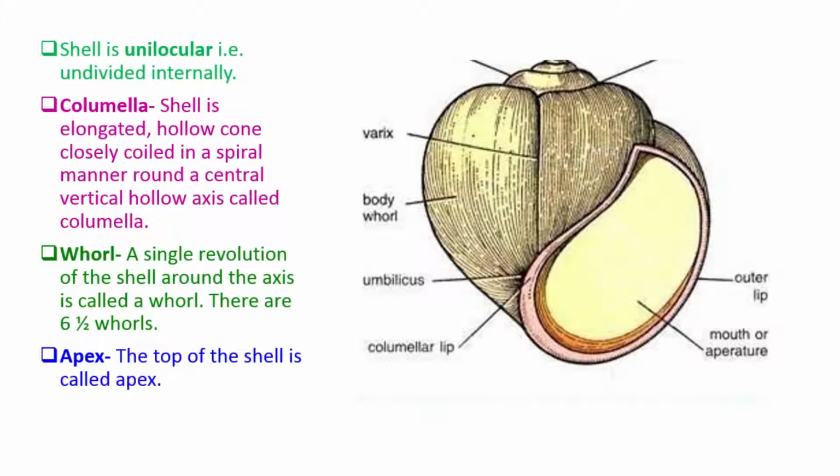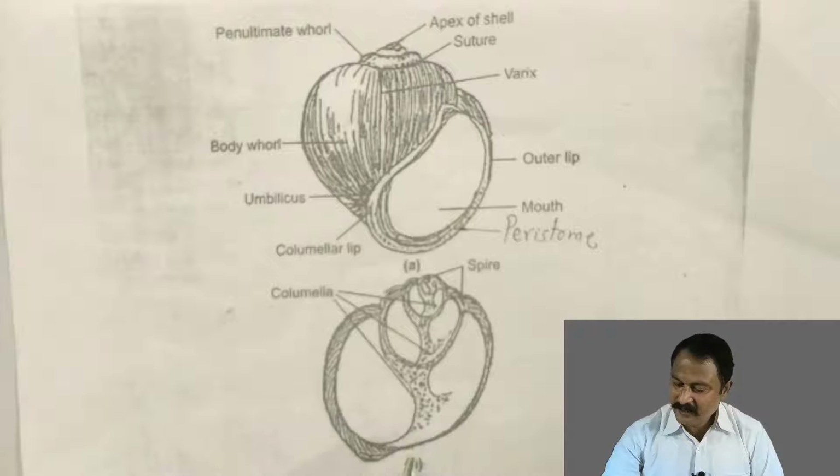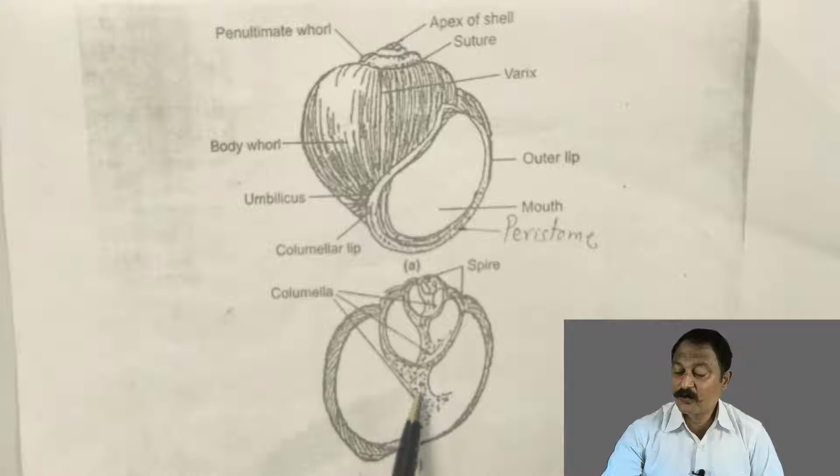Okay. The shell of Pila, as in gastropoda, consists of an elongated hollow cone. That hollow cone we call columella. This is the columella. On the internal side, inside the shell, this columella is axis-like.